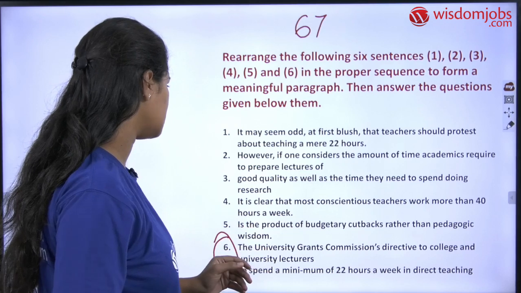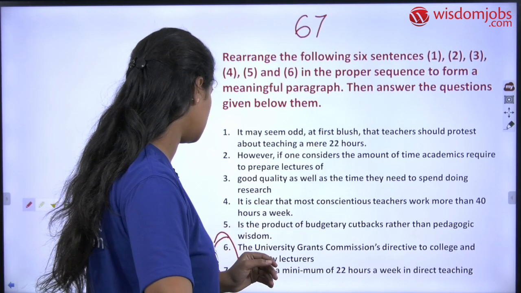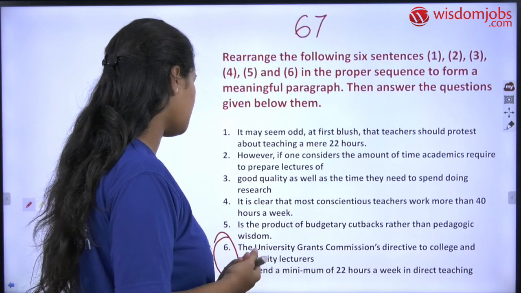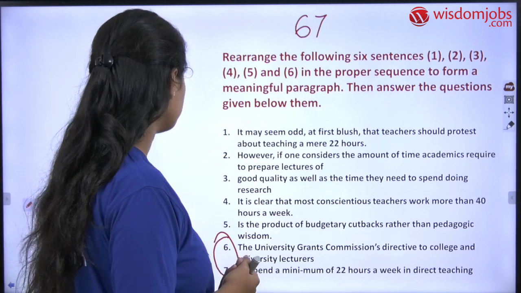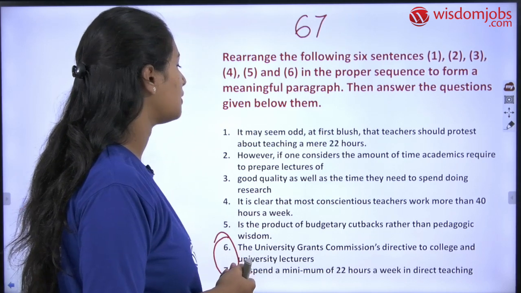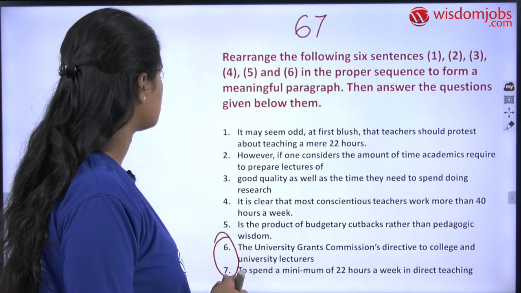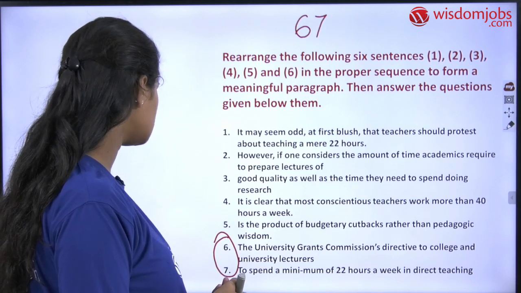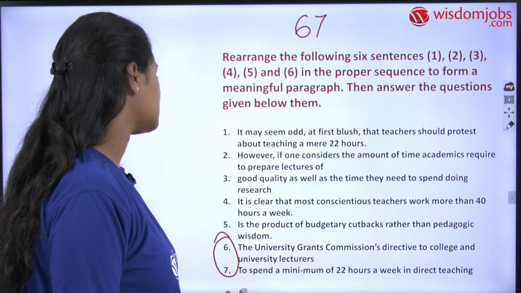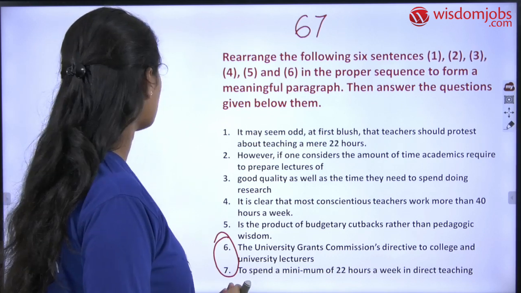So the University Grants Commission's directive to college and university lectures to spend a minimum of 22 hours a week in direct teaching. However, if one considers the amount of time academics required to prepare lectures of good quality as well as the time they need to spend doing research, it is clear that most conscientious teachers work more than 40 hours a week.